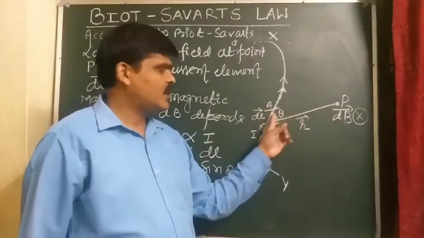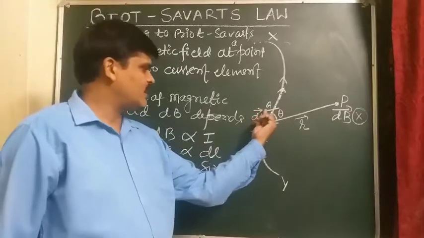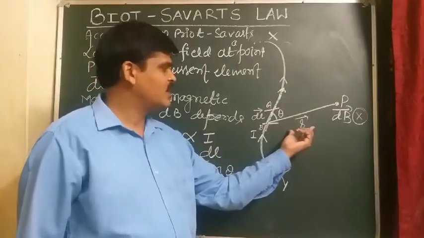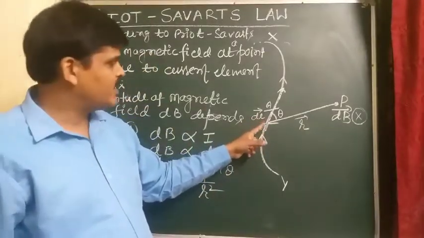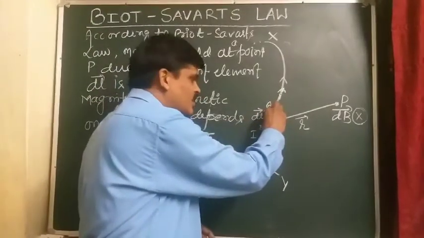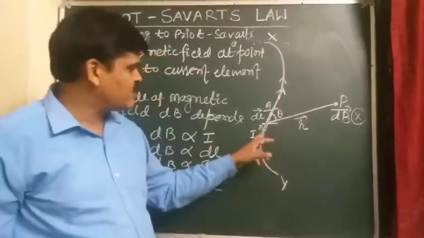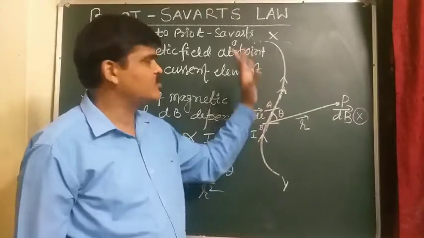Here angle theta is the angle between the current element vector and the position vector, and the direction of the current element is tangent to this length element, in the direction of the flow of the current through a conductor.